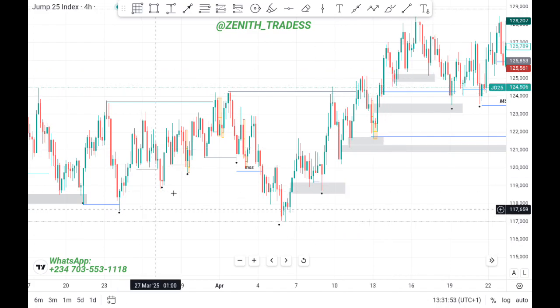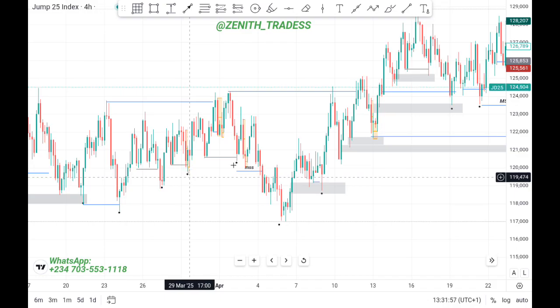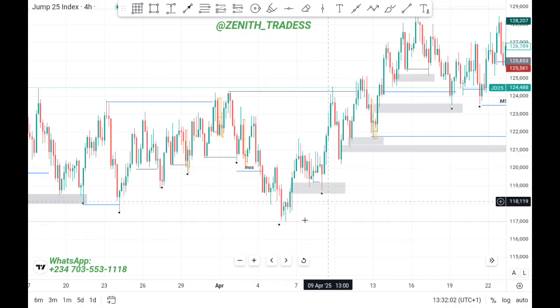So all these lows marked with dots are my strong lows. In these lows, we expect to find reclaim block or CRT as confluence on 4H.